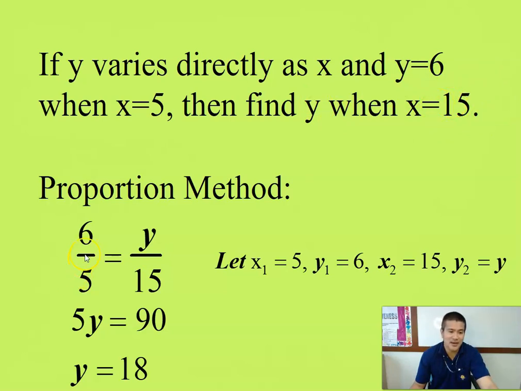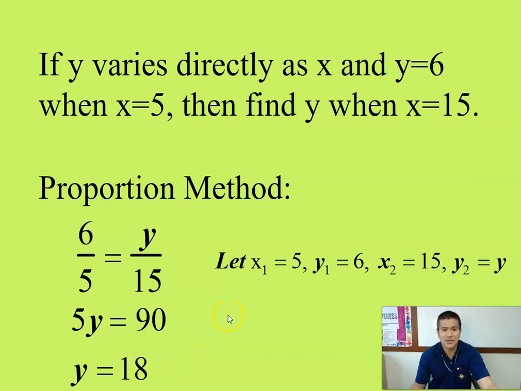So we have y1 over x1 equal to y sub 2 over x sub 2. Using the proportion method, you just do cross multiplication. You have 6 times 15, which gives 90, and y times 5, which gives 5y. So y equals 18.